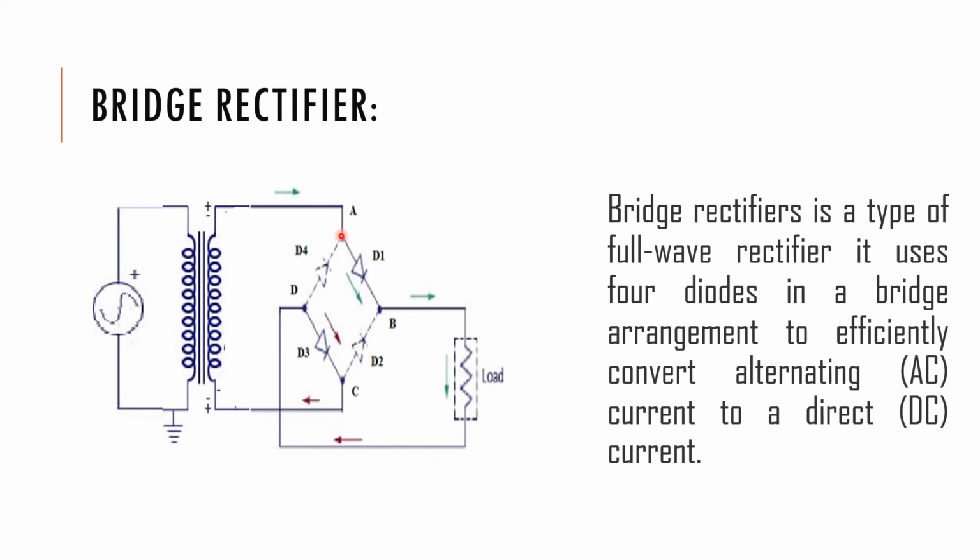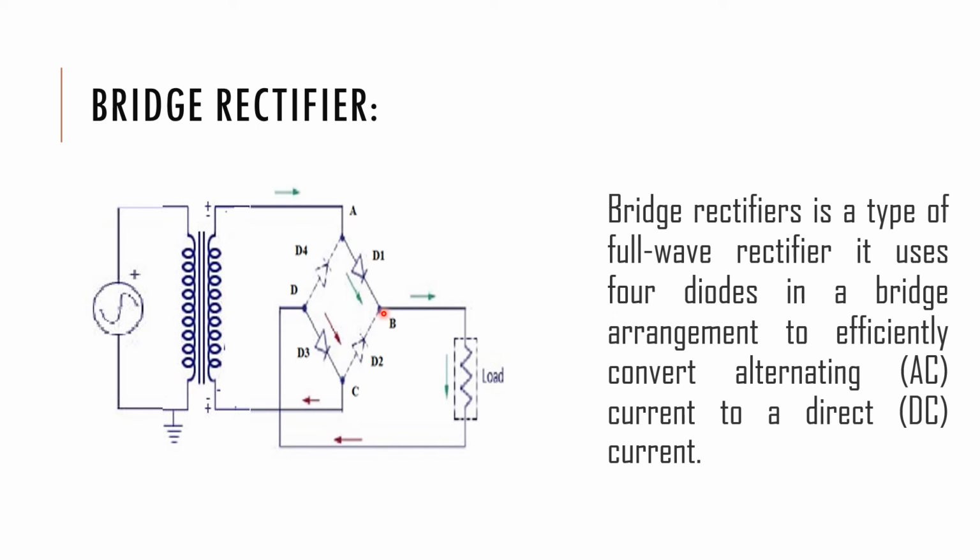Only current will flow through AB and DC. This completes the path.